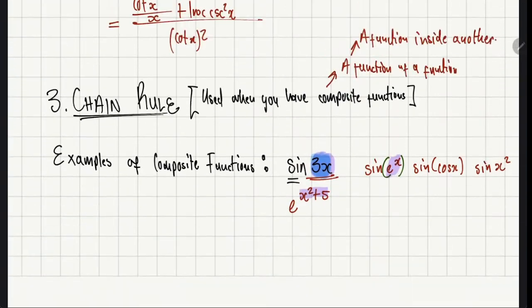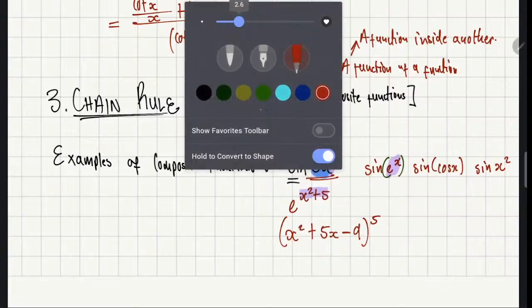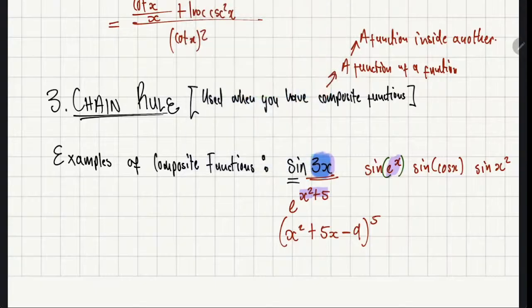This one is for you again. Remember? X squared plus 5x minus 9, all to the power of 5. What type of a function is this one, everybody?